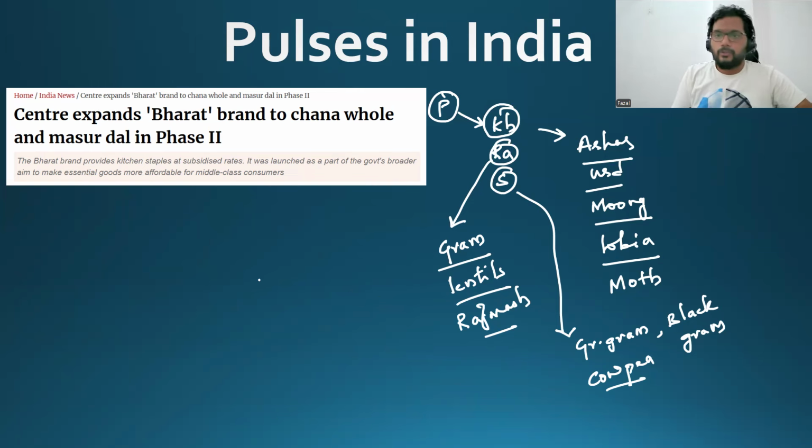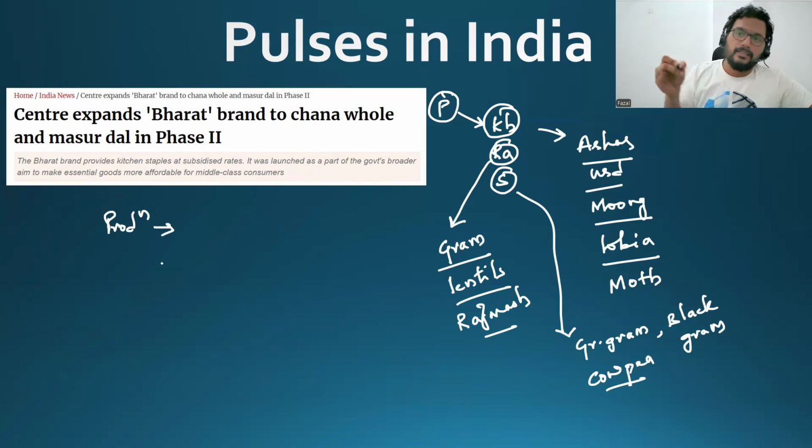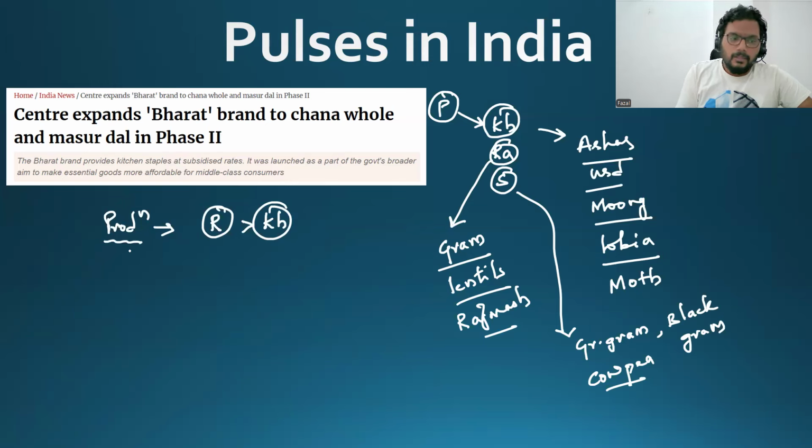Second, very importantly, you should also remember the production pattern of the pulses. First, understand pulses is a combination. So a combination of all this we call pulses. Very interestingly, Rabi season produces more pulses when compared to the Kharif season. So the production of the pulses is quite more in Rabi.